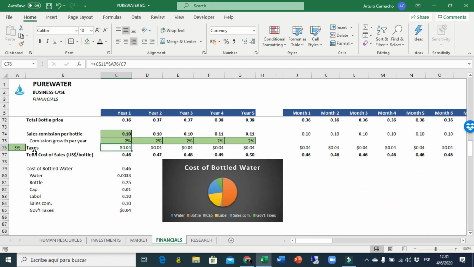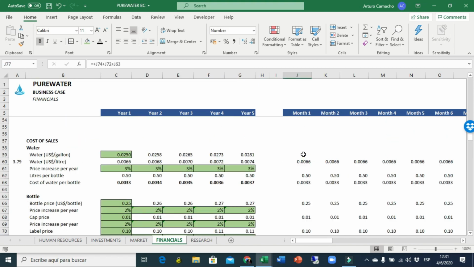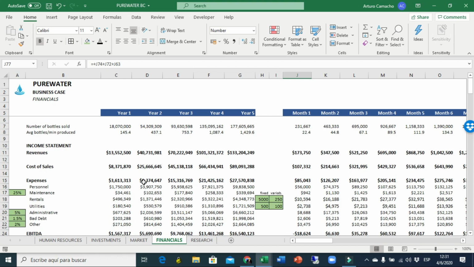It's another extra line for the cost, which, as you see in the graph, is the green slice. So this cost of sales per bottle, you multiply by the number of bottles, and you have the cost of sales.